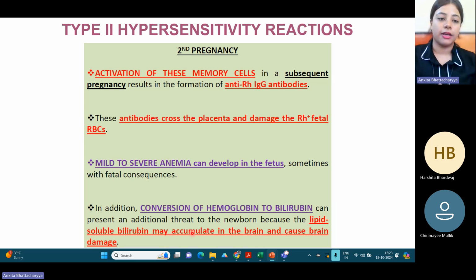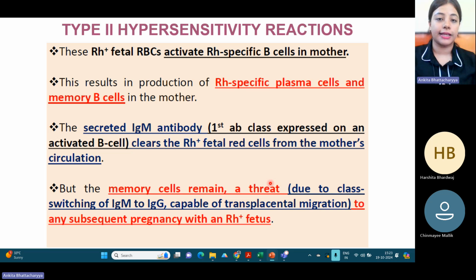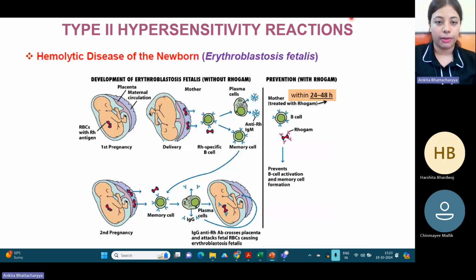So taken together, if we sum up what exactly can happen in this reaction, we'll come back to the schematic for this. So this is the development of erythroblastosis fetalis. You look at the first pregnancy and you see this is an Rh positive fetus within an Rh negative mother, and you can see how there is a separation between this placenta and the maternal circulation. And within the baby, you see RBCs which are Rh positive in nature.